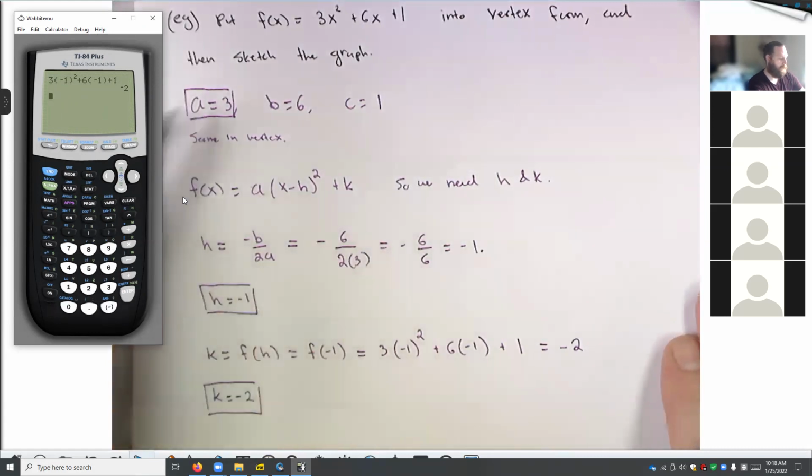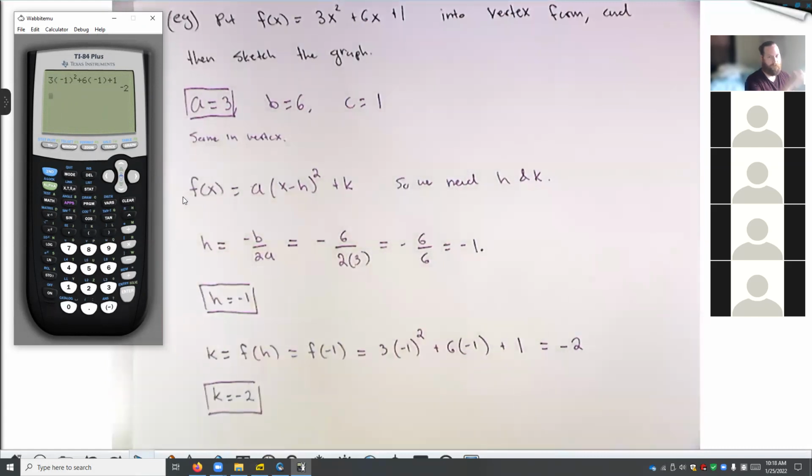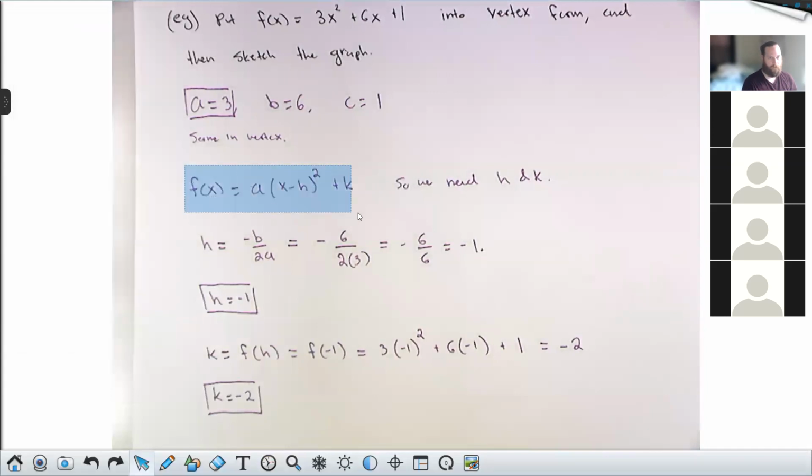Now I have A, H, and K. I have all the pieces that I need to plug into this formula and get my vertex form.